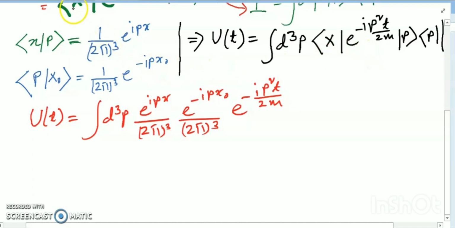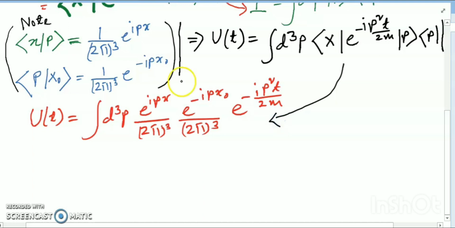Note that I used x into p and p into x0, so if I use this result I get this value. From this I get, using this result and the bracket notation's property.